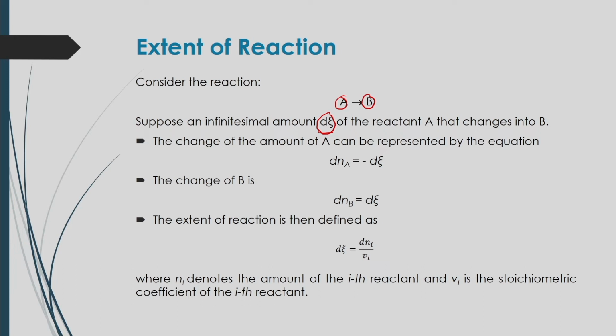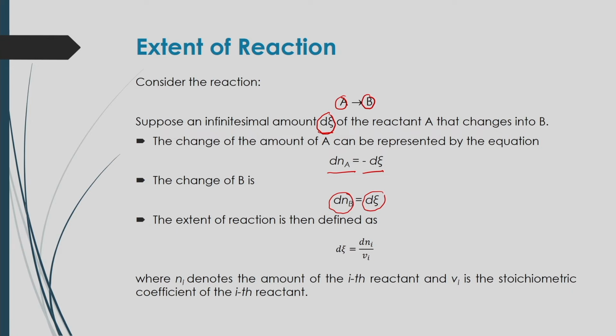Now, this change of the amount of A can be represented by the equation here. This dNA will be equal to minus d xi. The change of B similarly can be expressed as dNB equal to d xi, because the same amount of A will give you the product B here. So, dNB will be equal to d xi.